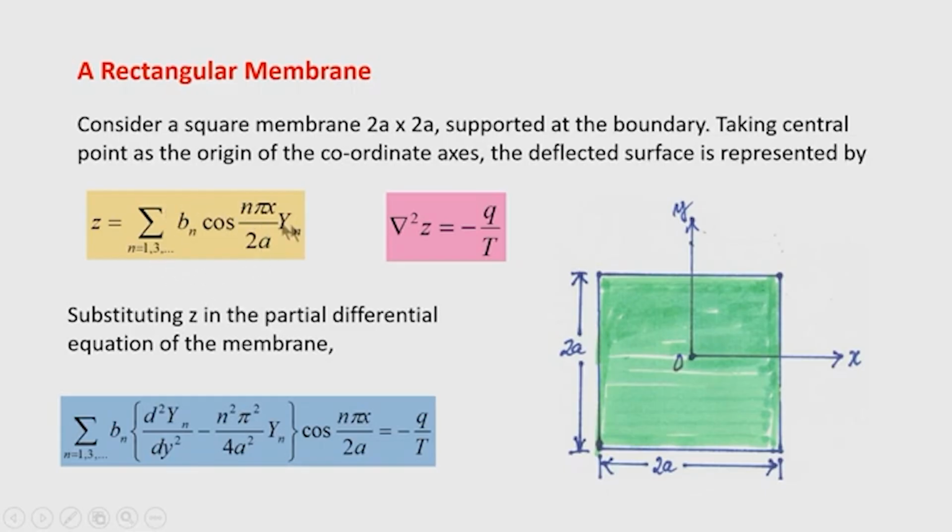Now, substituting this in the differential equation, del square z equal to minus q by t. This was the differential equation of the membrane.